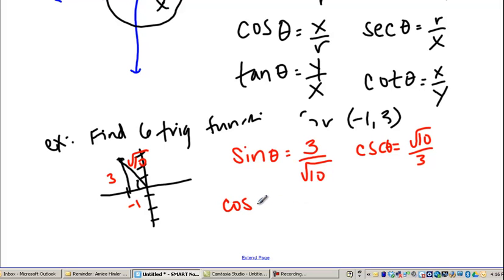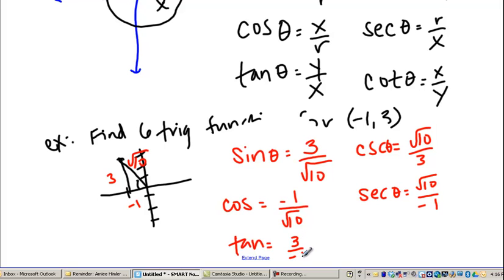Cosine, -1 over the square root of 10. So your secant, square root of 10 over -1. Tangent, 3 over -1. And cotangent, -1 over 3. That's it.